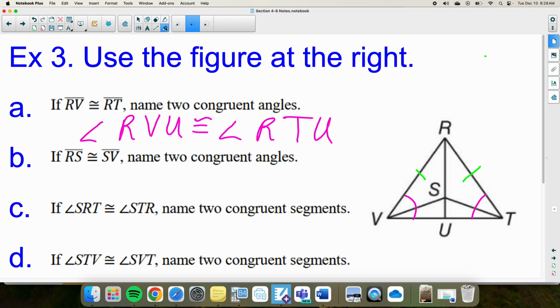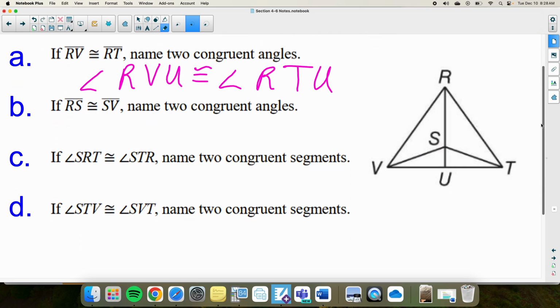Now, what we're going to do for the next part is they tell us that two sides are congruent, and they're saying RS right here is congruent to SV, which is right here. So basically what you're doing here, guys, is you're looking at this triangle because those are the two sides that they're marking. And then our angles that are congruent are gonna be the ones that are across from that. So here and here. Does everybody see that?